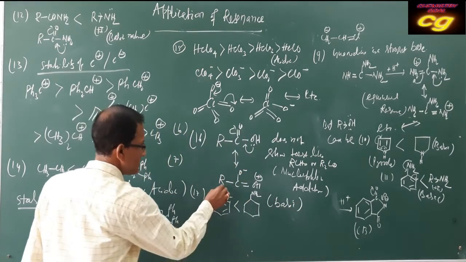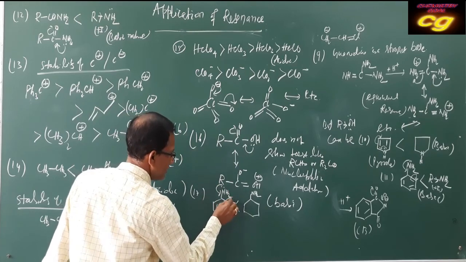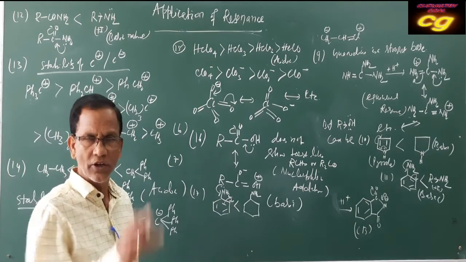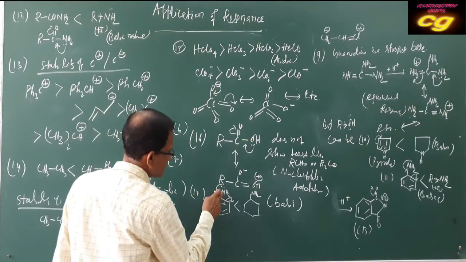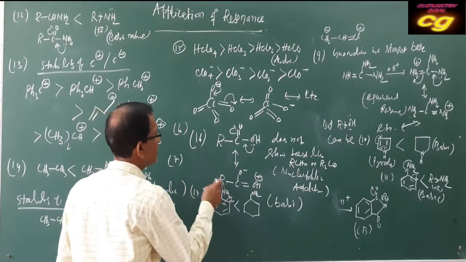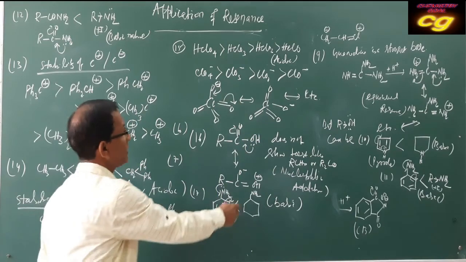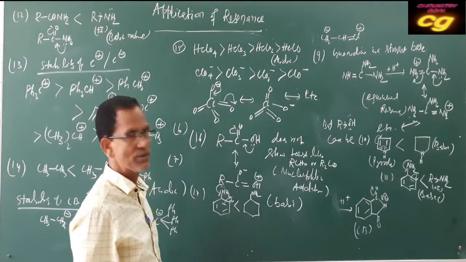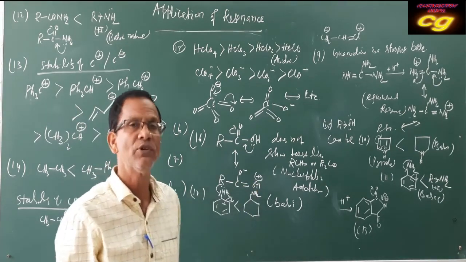Why? Because it has resonance which delocalizes the lone pair from nitrogen. When the lone pair decreases, electron density decreases, and basic character decreases. As it has resonance, it loses electron density from nitrogen, that's why basic character is less. But in case of alicyclic, no such resonance is possible. That's why nitrogen has more electron density, that's why it is more basic.